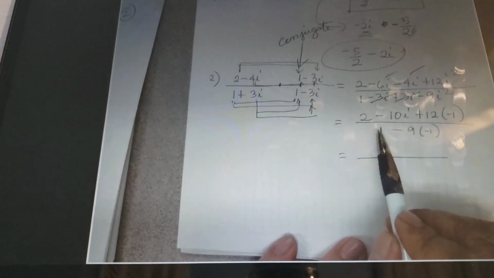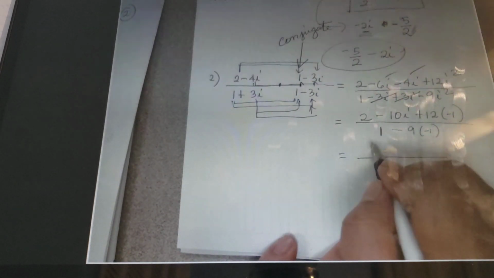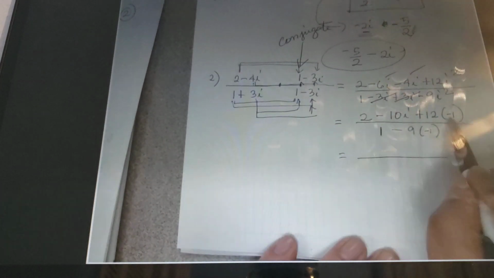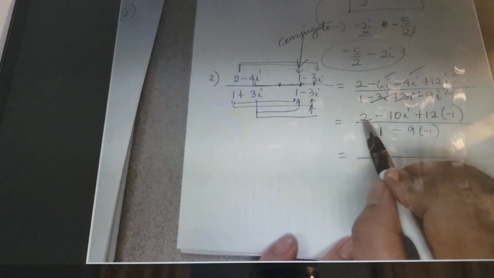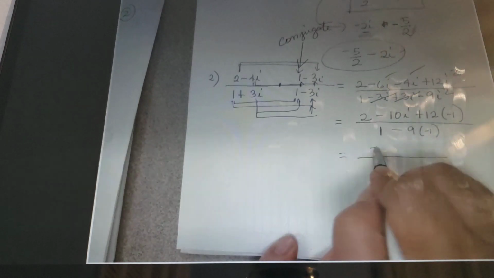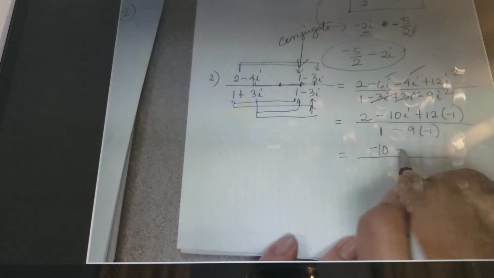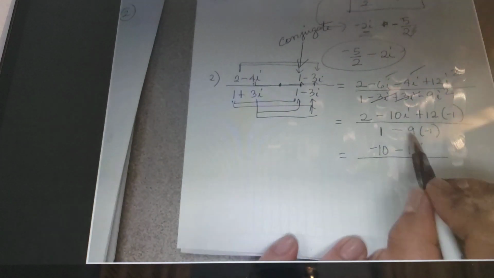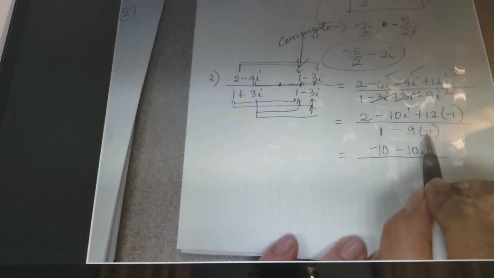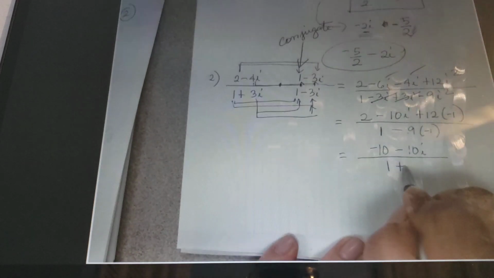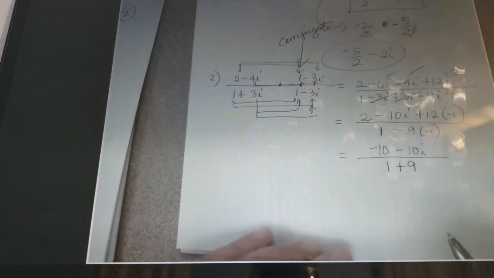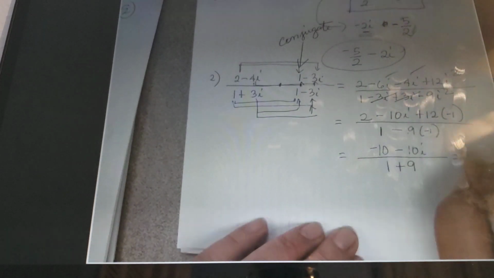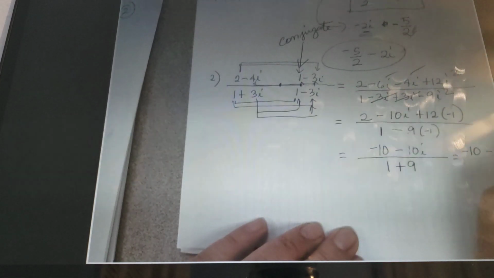And next, negative 12 plus 2 is negative 10, minus 10i. Negative 9 times negative 1 is positive 9. So therefore, negative 10 minus 10i over 10.